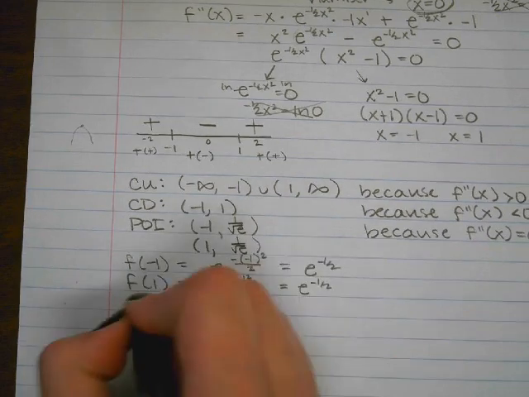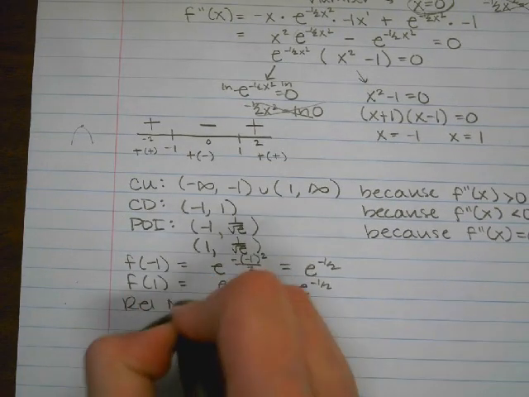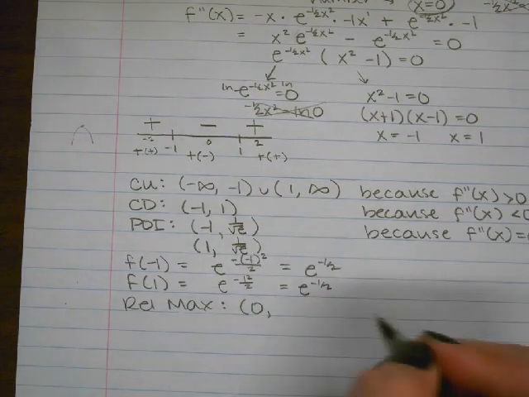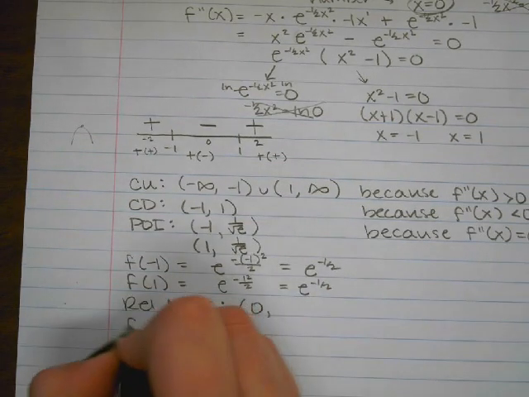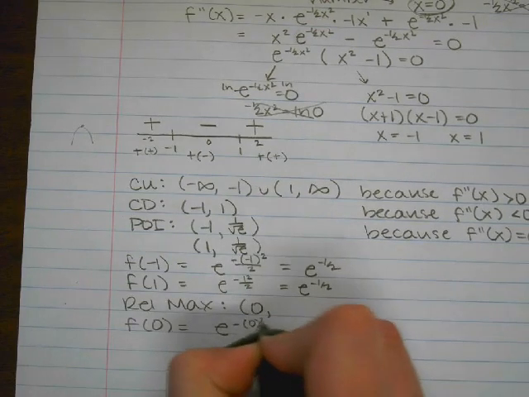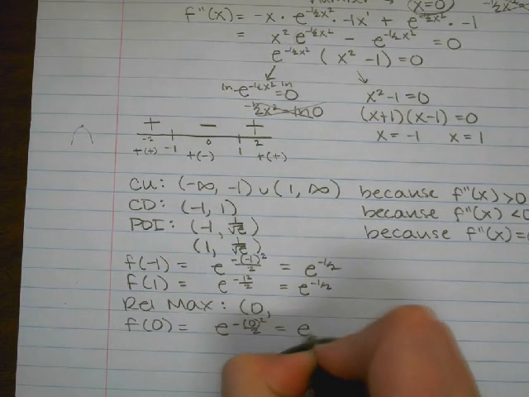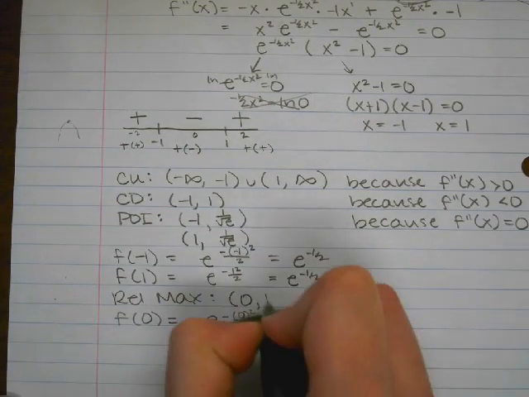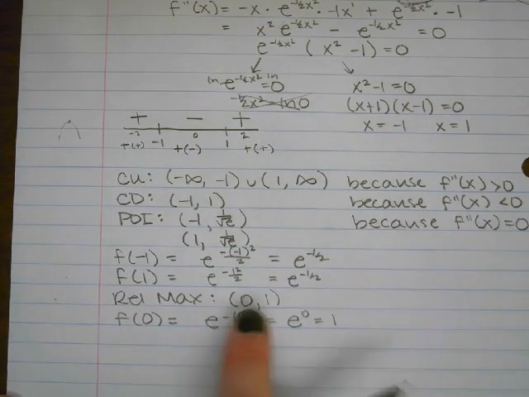So I'm going to say a relative max, and that's at an x-coordinate of 0. If I plug in 0, I get e to the negative of 0 squared divided by 2, which is just e to the 0, and anything to the 0 is 1. So you have a relative max at the point 0, 1.